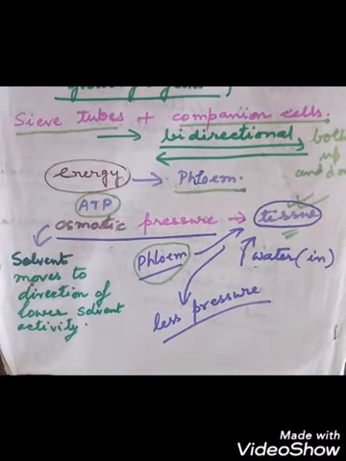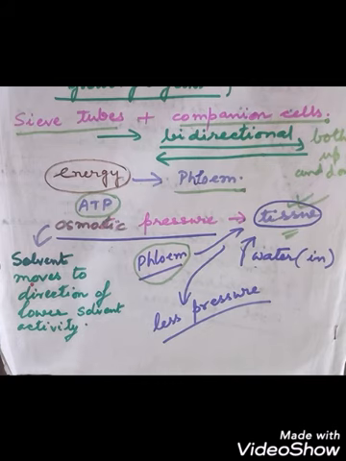So you have seen here that the xylem will carry the water from the roots to all the parts of the plant by the movement of the water from one cell to the other, and this can be activated by transpiration pull and root pressure. But the phloem will have to transport the materials from one place to another.